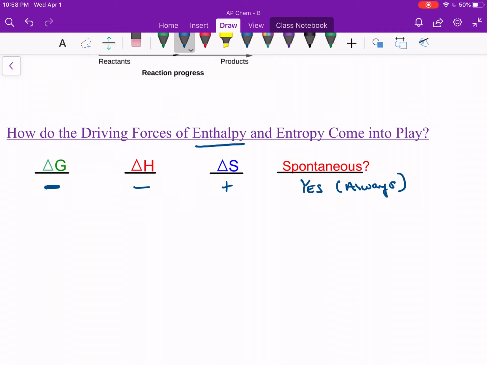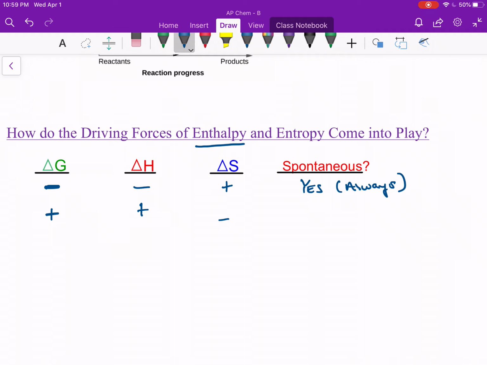Conversely, right, if that process is endothermic, so those bonds are becoming less stable, and delta S is negative, so the process is becoming more random, you can probably guess that's not really what nature wants to do. And so that process is going to have a positive delta G, right?